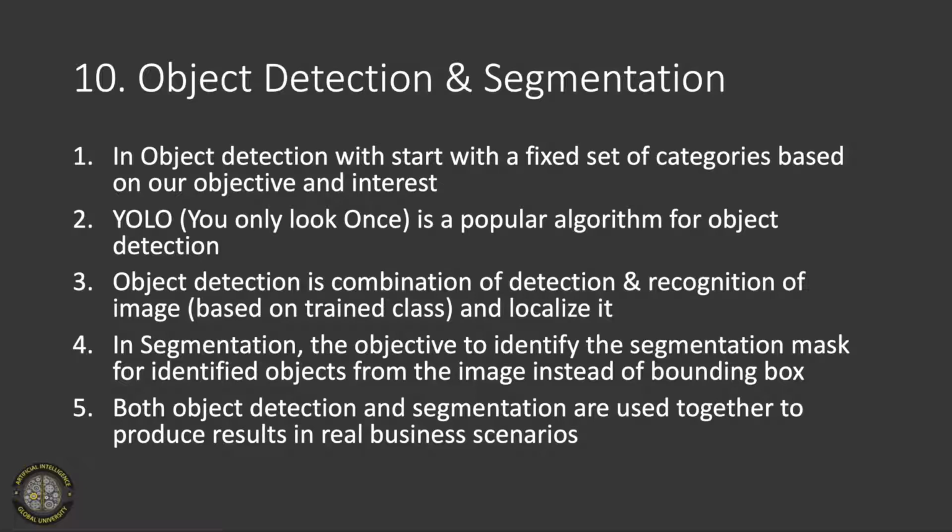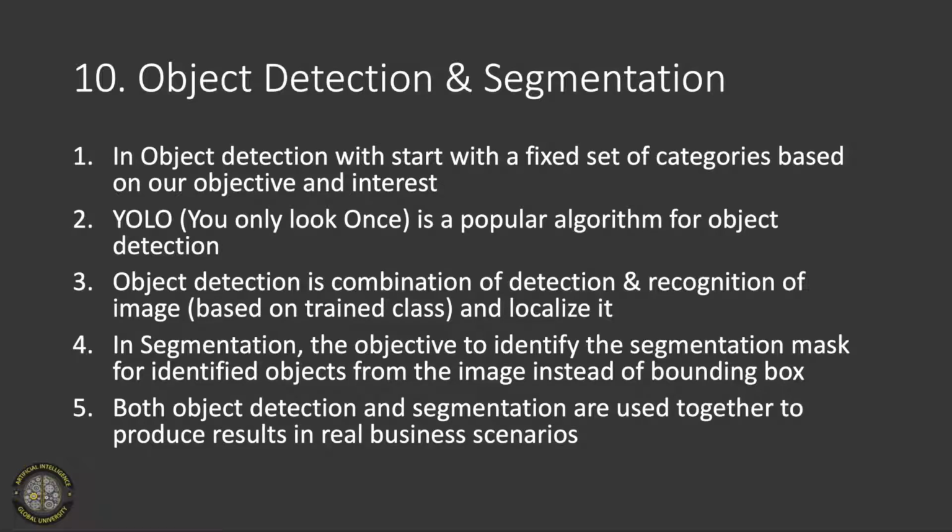However, if you have hundreds and hundreds of classes, and from an image a big number of classes are identified, the bounding boxes try to overlap with each other, and it's very hard to understand where the object is. Then the concept of segmentation comes in handy, because the objective of segmentation is to identify a segmentation mask for the object instead of a bounding box.